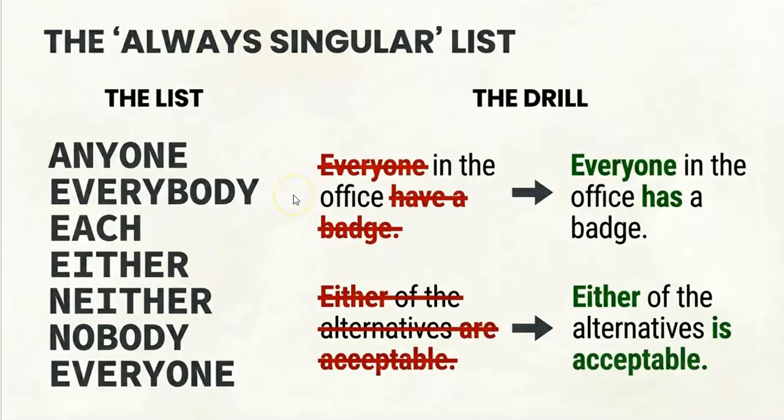And so basically you should just say, everyone in the office has a badge, and you wouldn't say everyone in the office have a badge. And so just knowing this list will really help you avoid a lot of common writing mistakes.